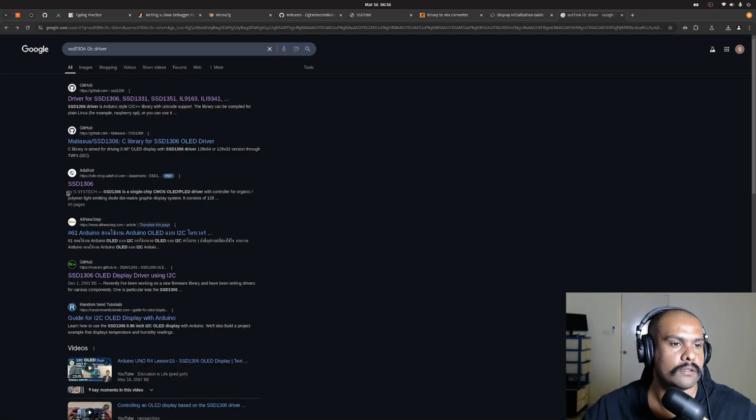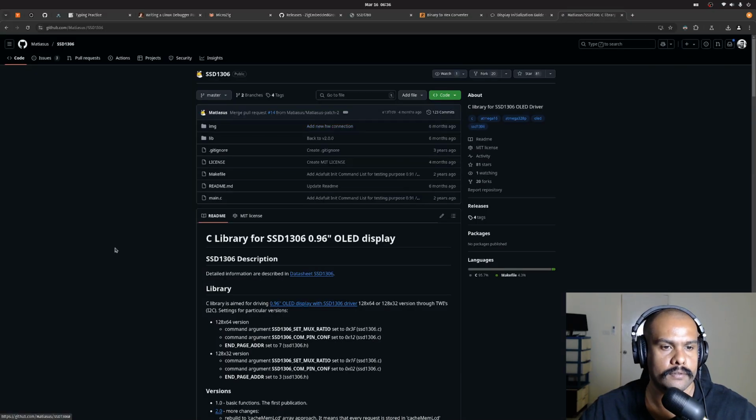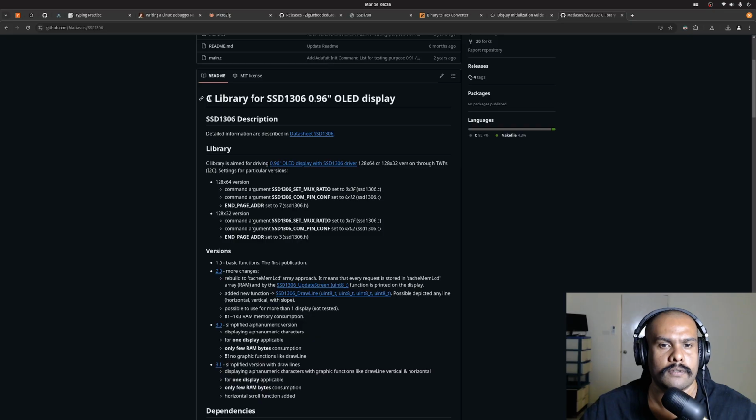Go back. See, library for OLED display, same as the one I've got. 2864.